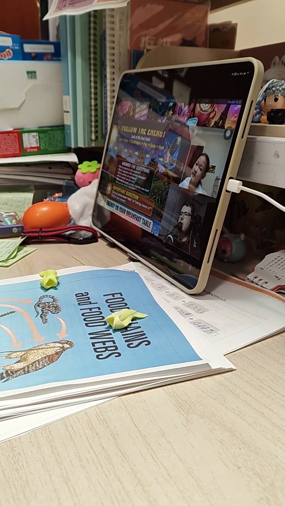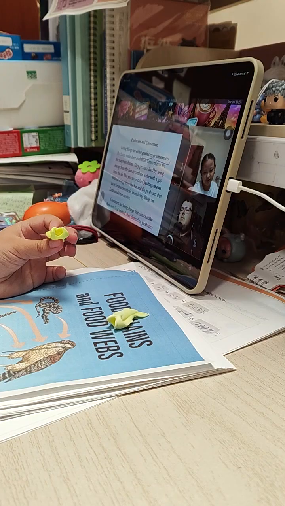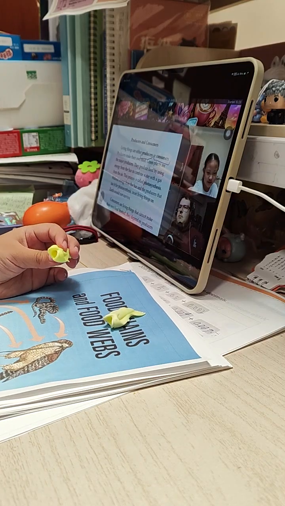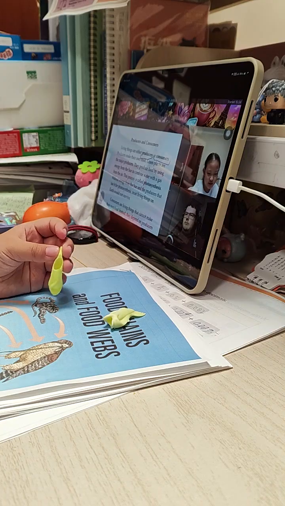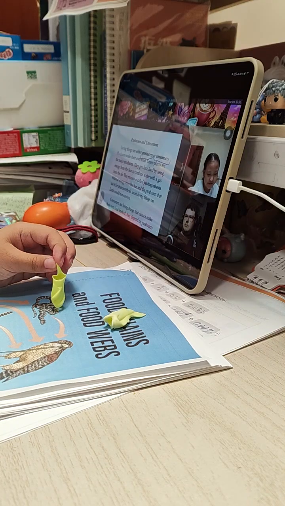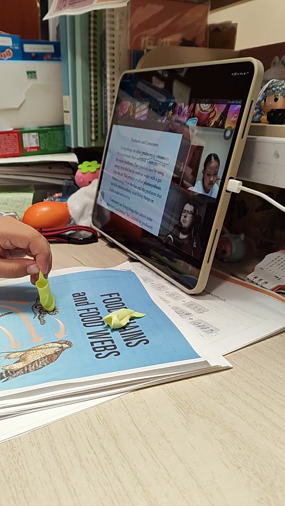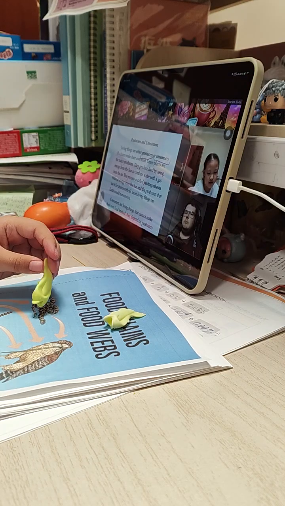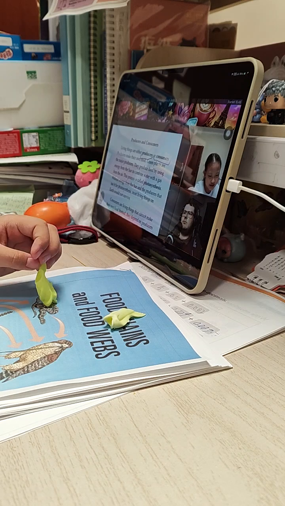Do you know what a producer is? What's the difference between a producer and a consumer? The producer is the thing that produces a food source. For example, the sun produces grass. Good. And a consumer? The consumers are things that eat other things.